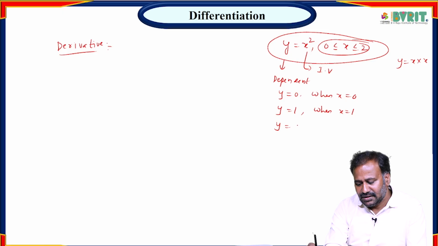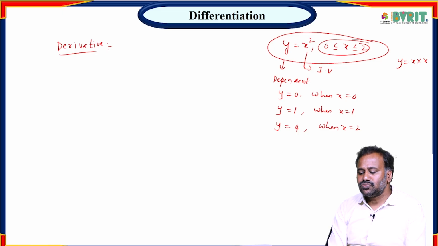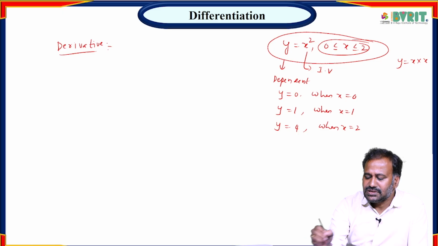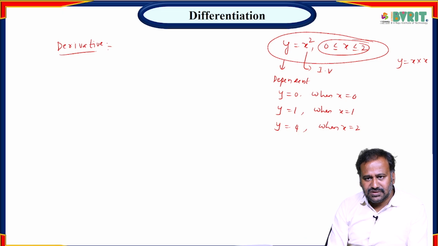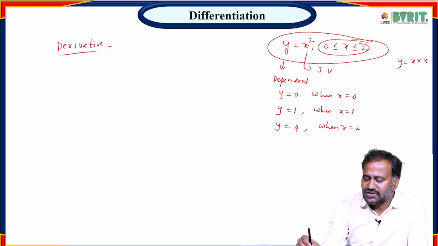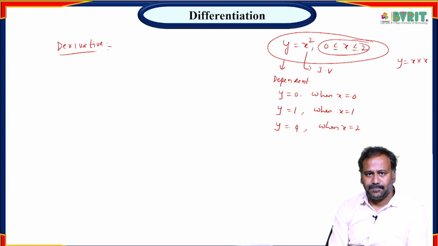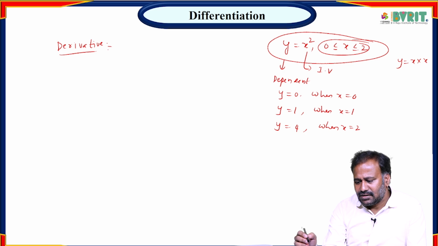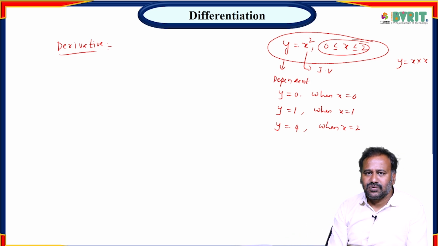Next, let me take x is equal to 2. If you replace x with 2, 2 squared is nothing but 4. I cannot take more values for x because x is restricted between 0 and 2.